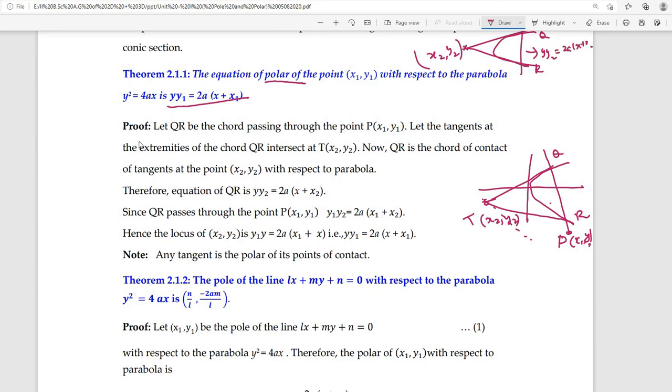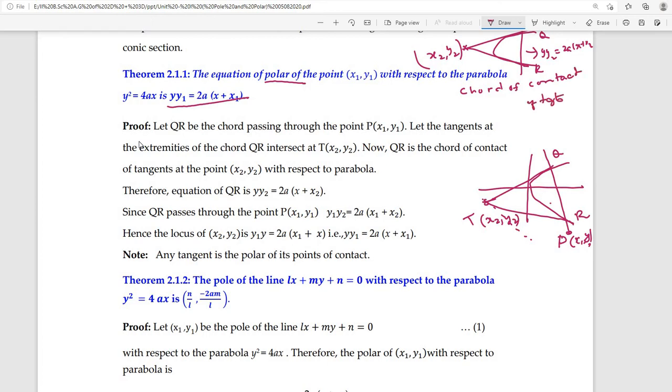So if it is taken as (x1, y1), then this is y1 equal to 2a into (x plus x1). This is called the chord of contact of tangents drawn from the point (x2, y2).